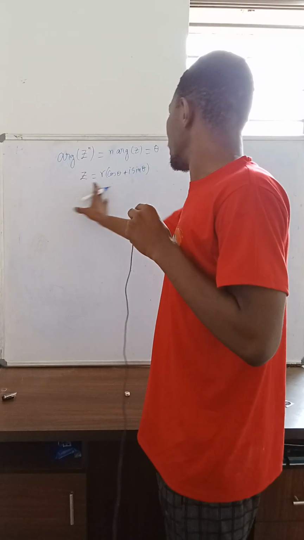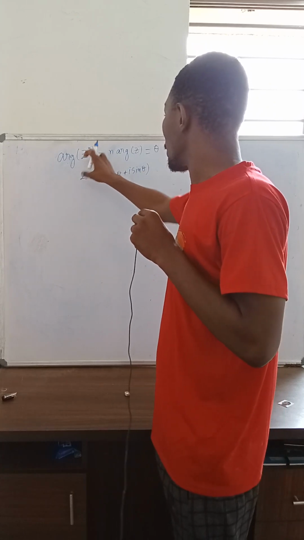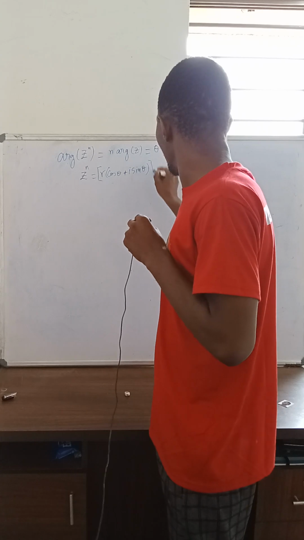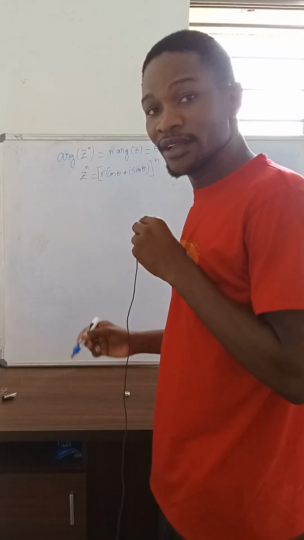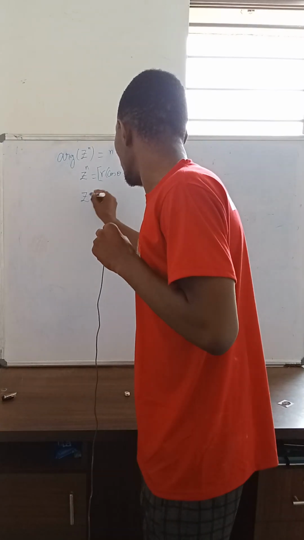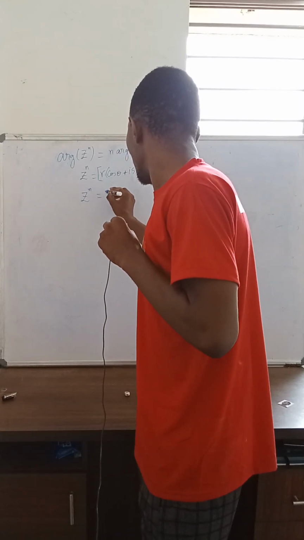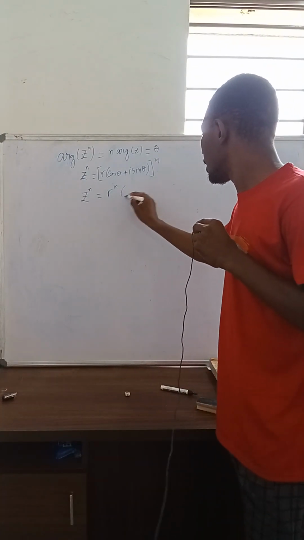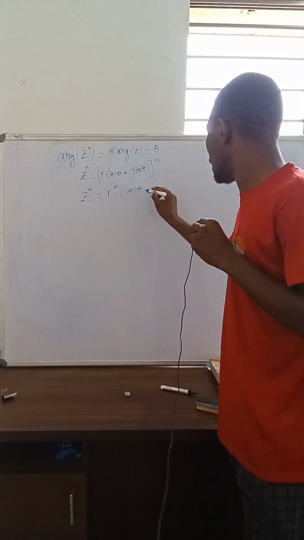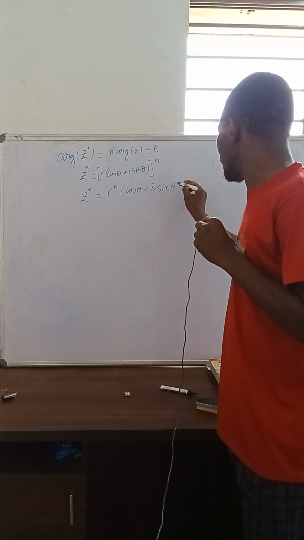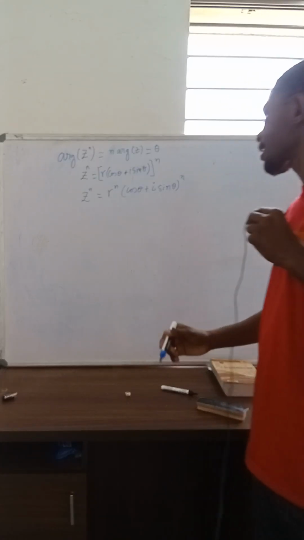Now that we know this is true, I put the power n on both sides. So z raised to n, and here we'll get r raised to n, then cos theta plus i sin theta, all raised to n.